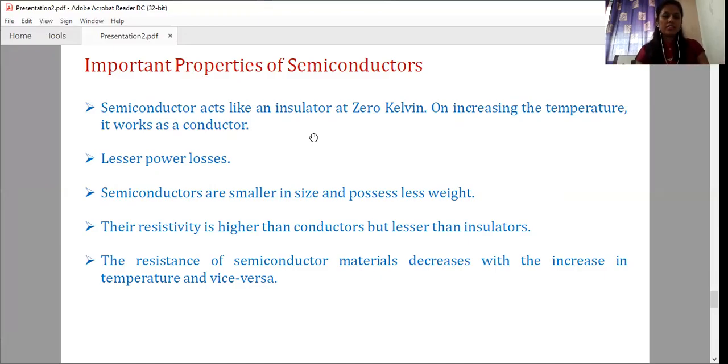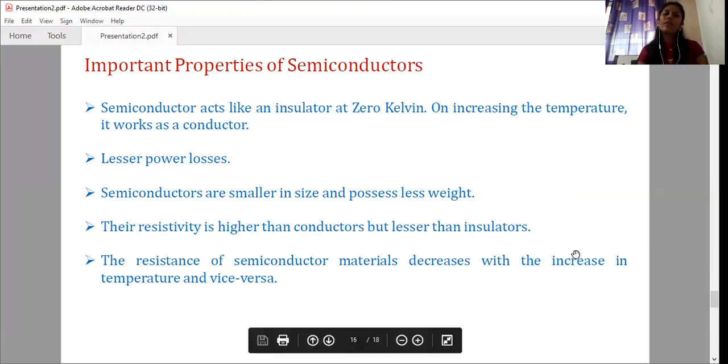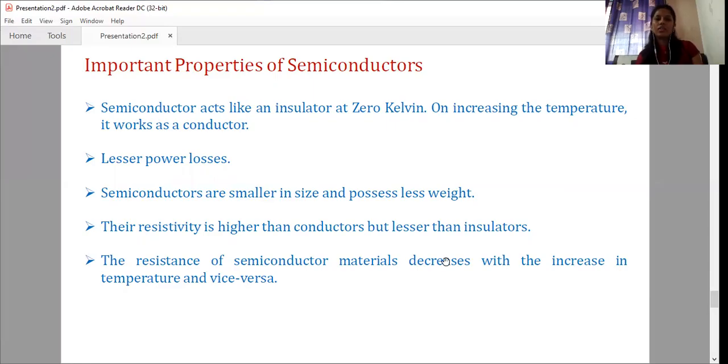Then, semiconductors are smaller in size and possess less weight. Due to that reason, they are very widely used in many electronic devices. The resistivity is higher than a conductor but less than an insulator.